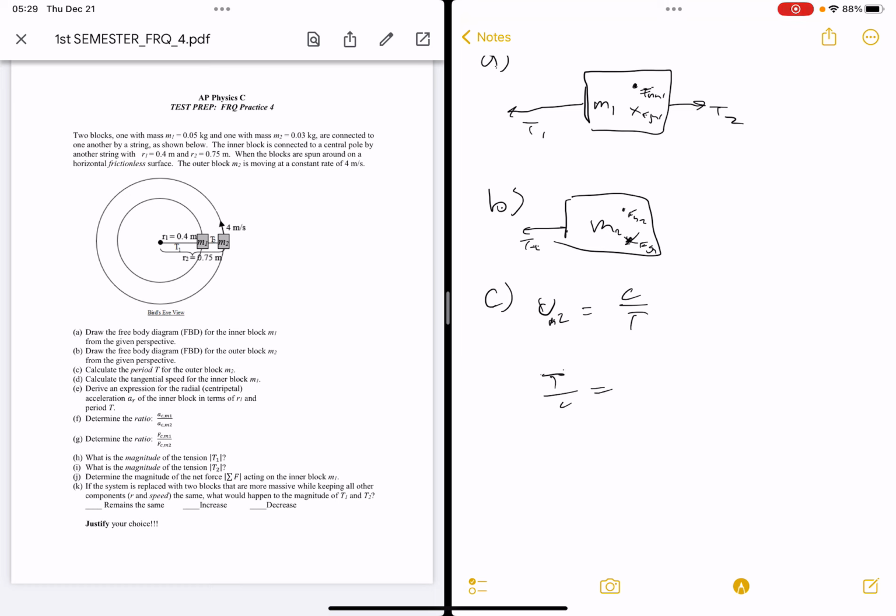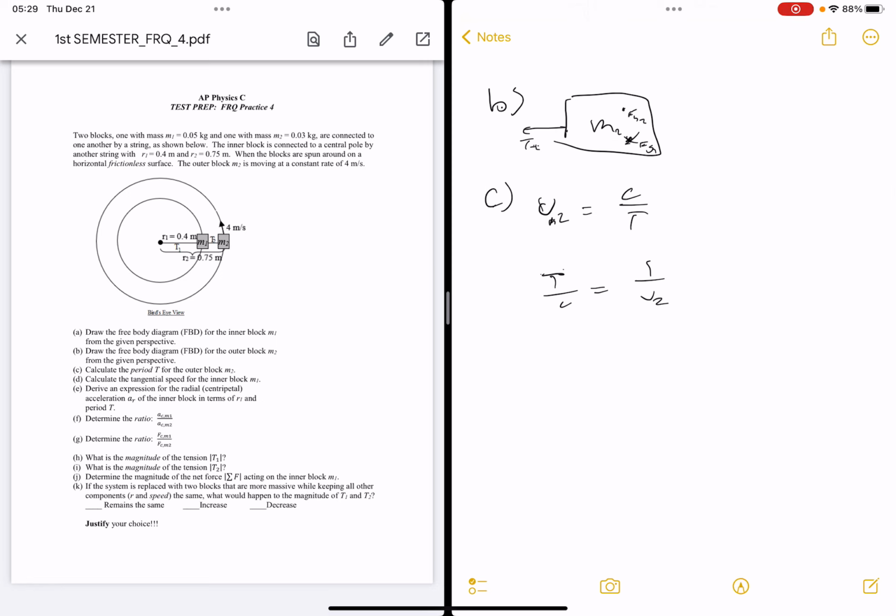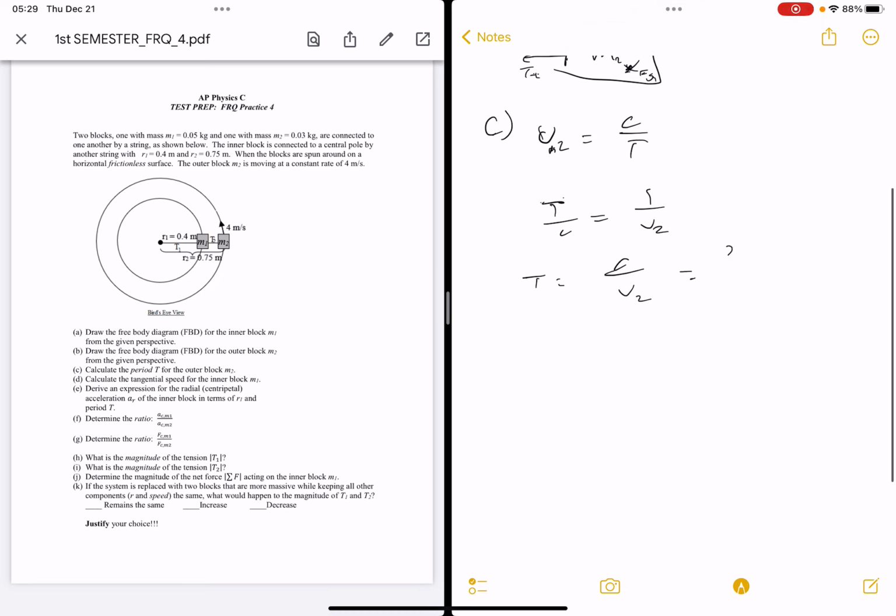T over C equals 1 over V2, and that's T equals C over V2, which equals 2 pi, and we use the R on the outside, the greater R, because it's the outside block. So T equals 2 pi 0.75, and they gave us velocity for the outside block, which is 4, and that equals 1.178 seconds.